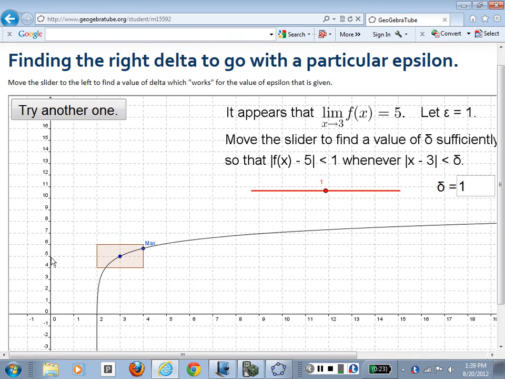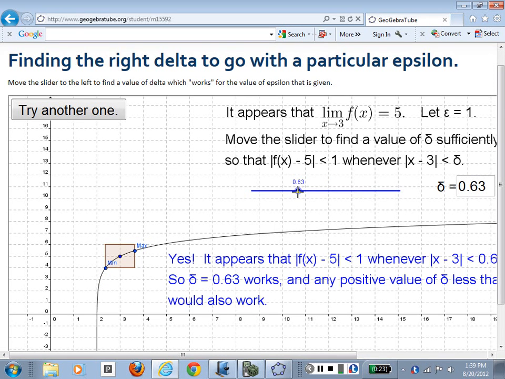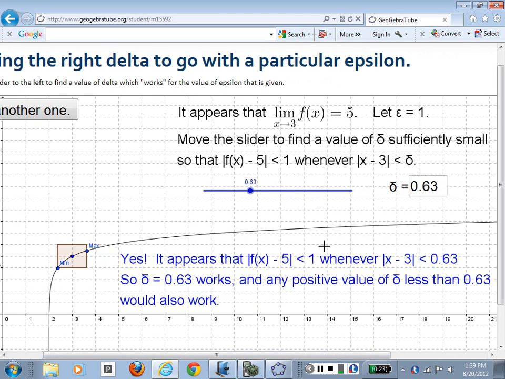We want to be close to 5 because that's our L. So I'm going to slide the slider until we get a delta that works. There we go. As long as we're no more than 0.63 units away from 3, then f of x is going to be less than 1 unit away from 5.